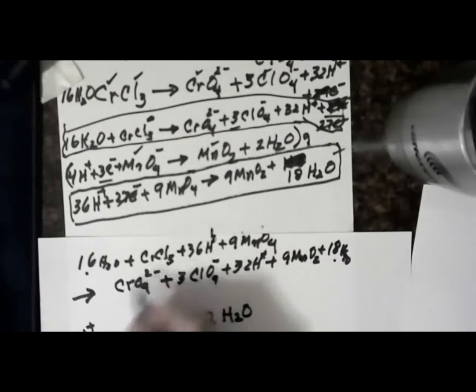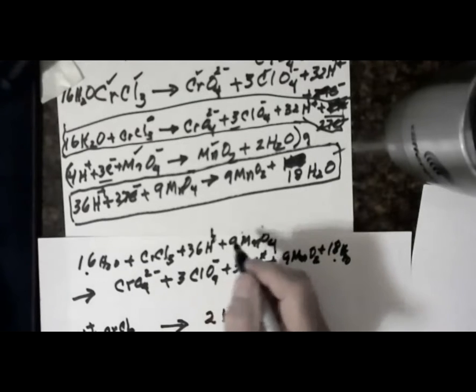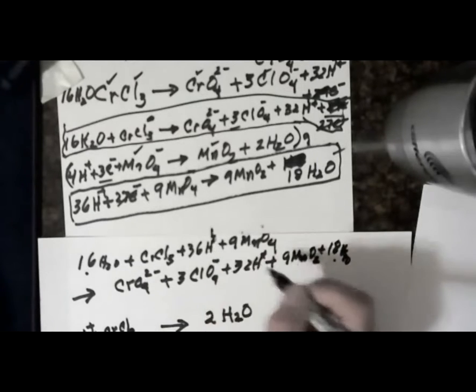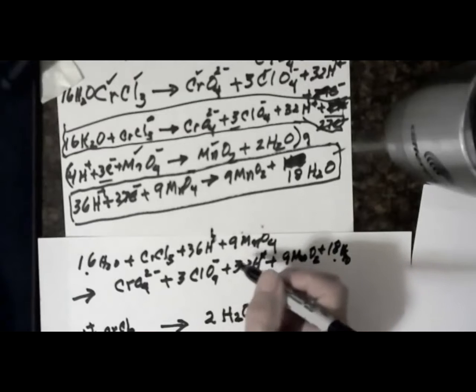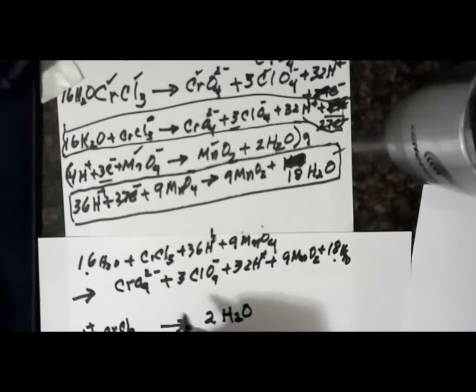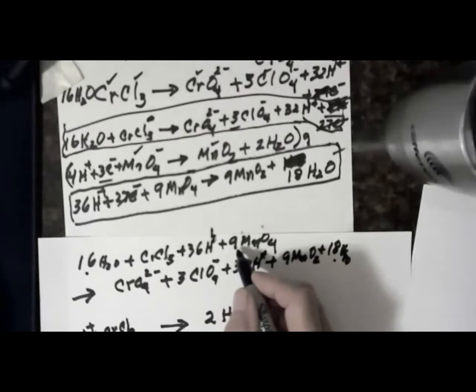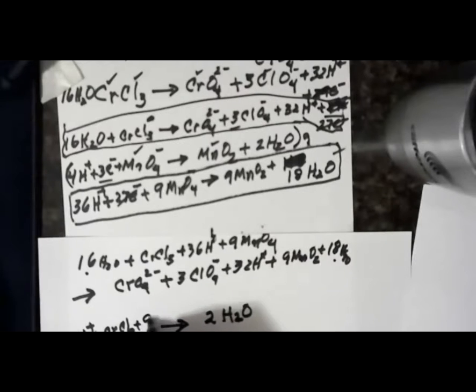So I've got CrCl3, 36 H+, I've already taken care of that. I've got 4 H+ and 9 MnO4-. And that's everything that's left, right?